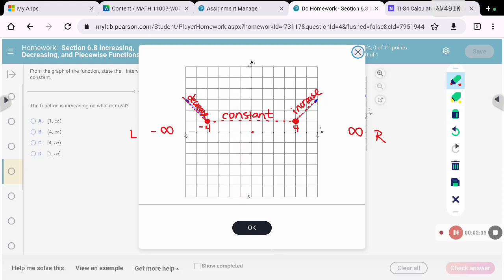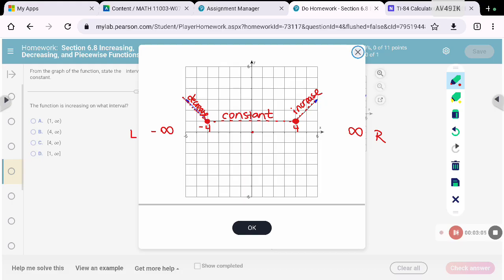So you'll notice the first question is asking where you are increasing. When you're increasing and decreasing, you do not ever use brackets. You're going to use parentheses around all of the things, even the infinities, the numbers, everything, because those points are actually a change in direction. They are not part of one piece or the other.